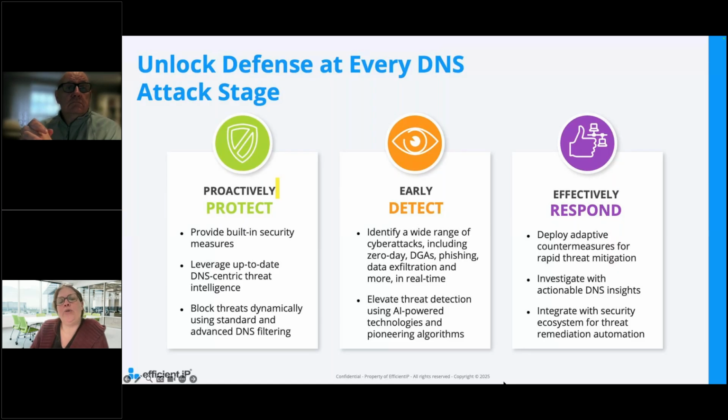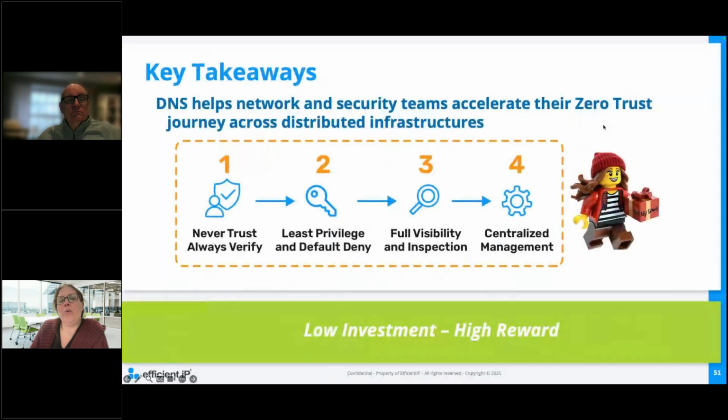And it helps you eventually also to effectively respond, as we've seen in the last few discussions. And the key takeaways from today can be tied up to the 4 use cases in which DNS security can help you with your zero trust strategy.